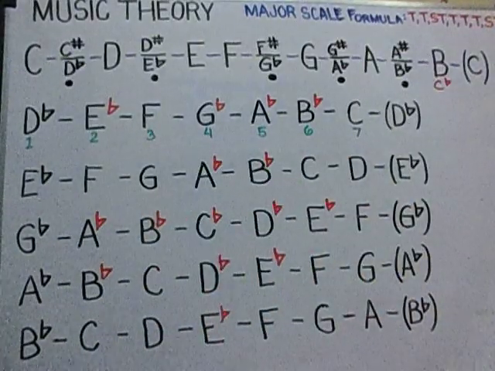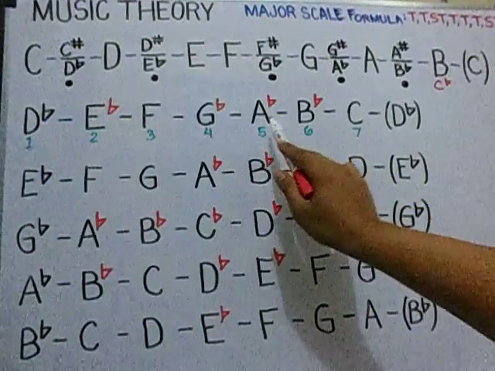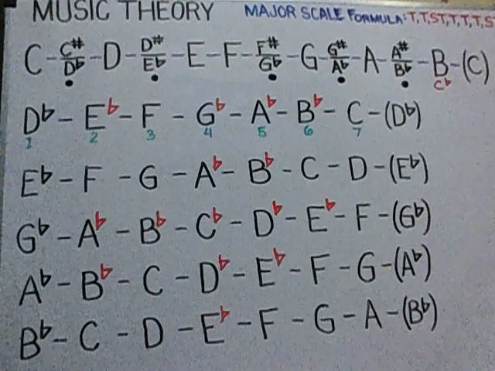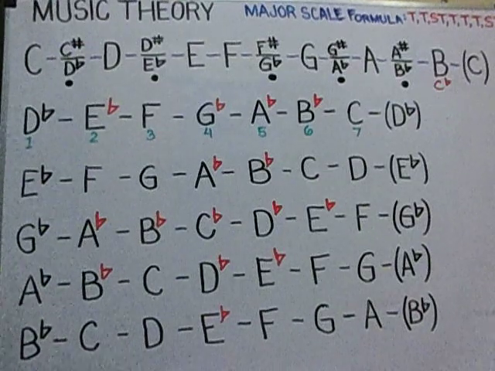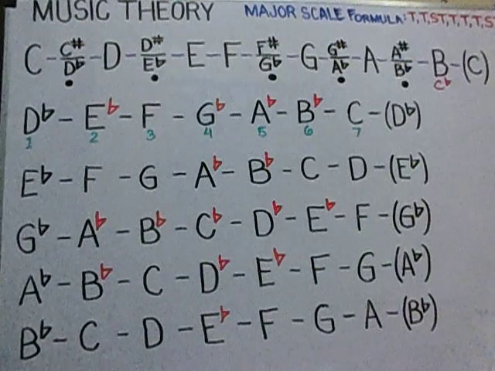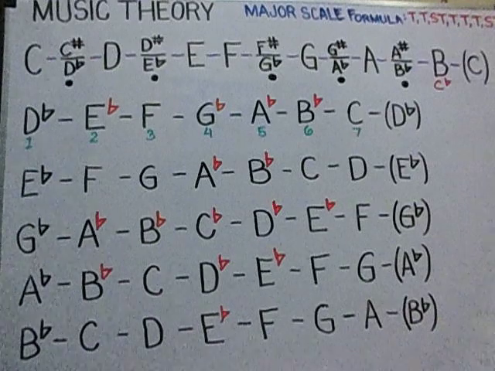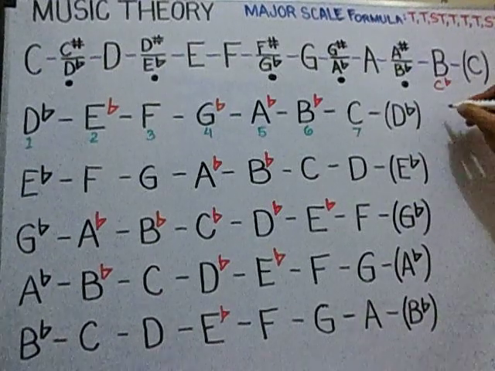So for D flat we have 1, 2, 3, 4, 5. So the D flat major scale has 5 flats, and they are D flat, E flat, G flat, A flat, and B flat.